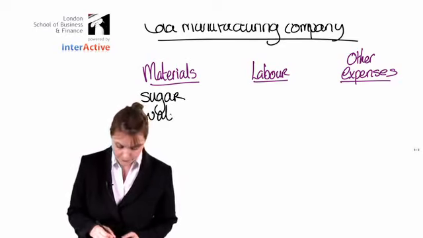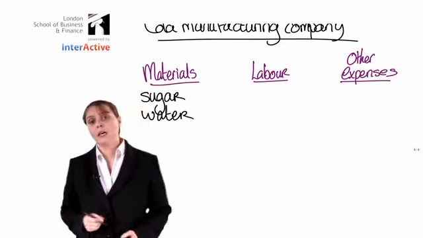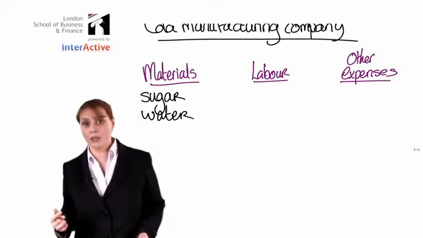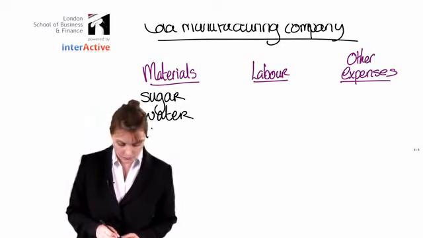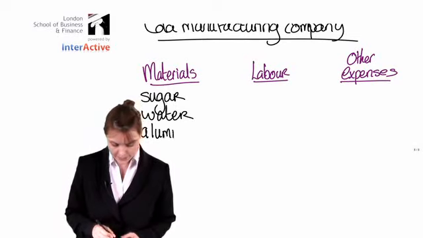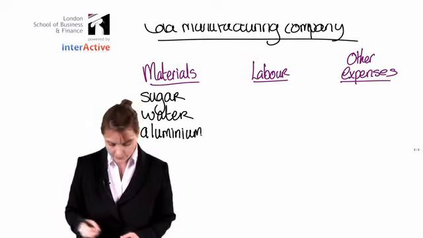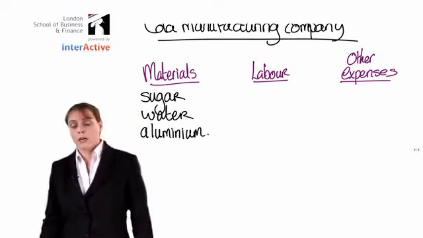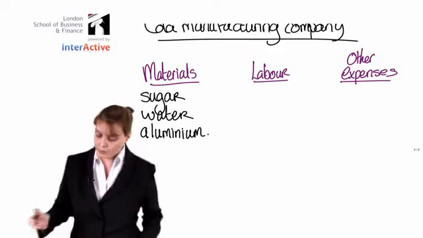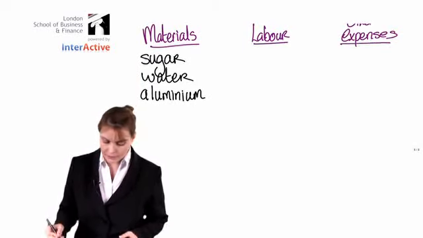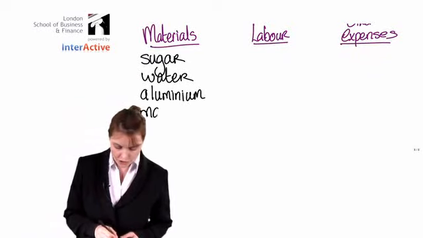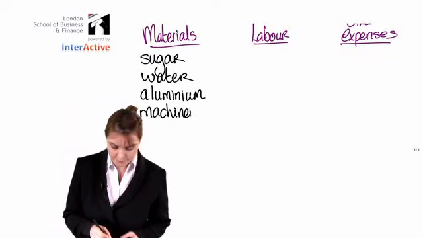water, and we'll need to package our cola. So each one will need an aluminium can. Other material costs, if we're producing cans of cola, presumably we'll have some machinery in our factory. We'll have a factory building.